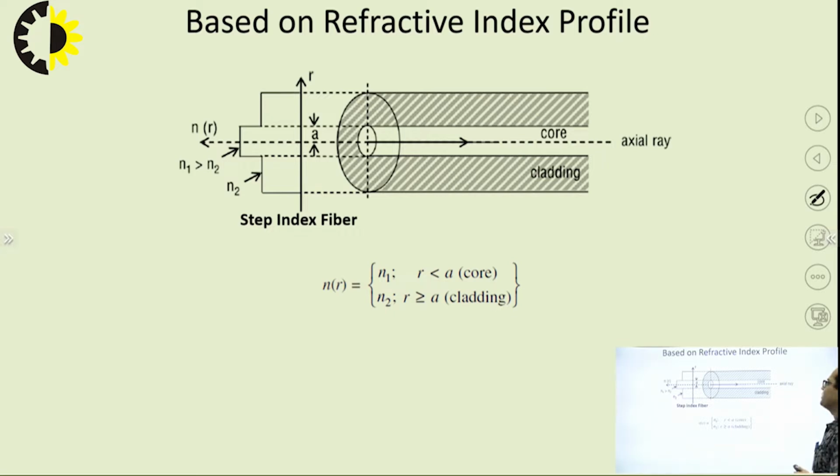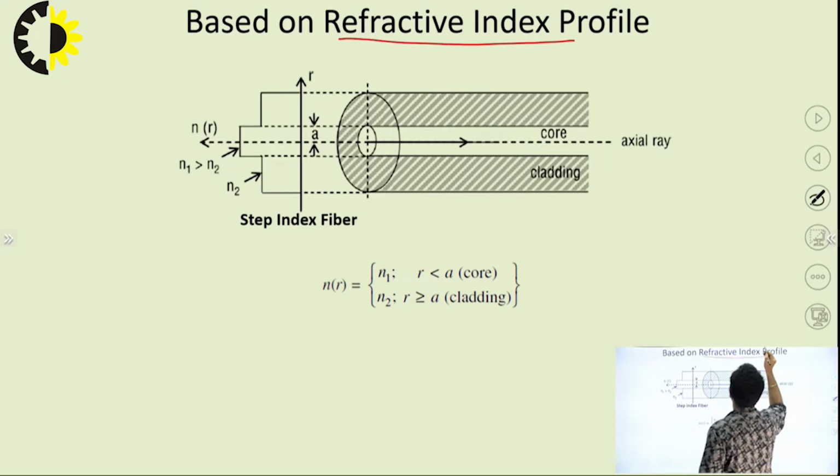As I have already told you, the variation in the refractive index is not gradual. There will be a sudden change in the refractive index, meaning that up to some distance it will be constant, and after that there will be a sudden decrease. So this is what this figure is telling us based upon the refractive index profile.